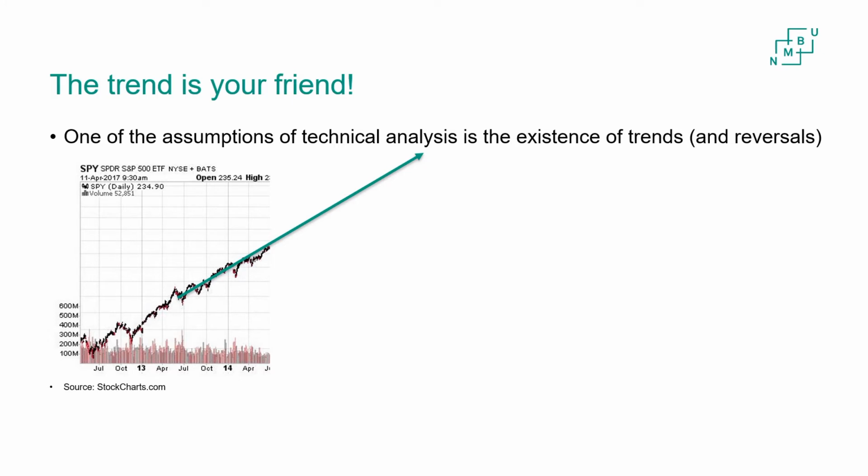Remember that this was one of our assumptions, and the idea behind the trend is that what happens to the price process today affects the price process tomorrow. Here we can see that we have a clear trend, but in technical analysis, what we also want to identify is the reversal. This is when a trend breaks and the price process goes the other way.